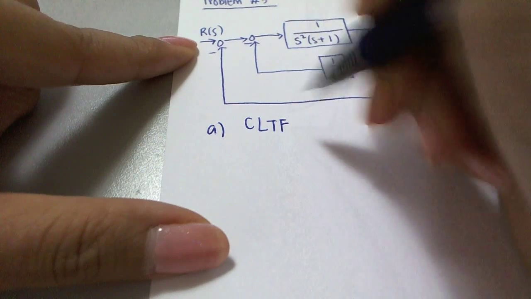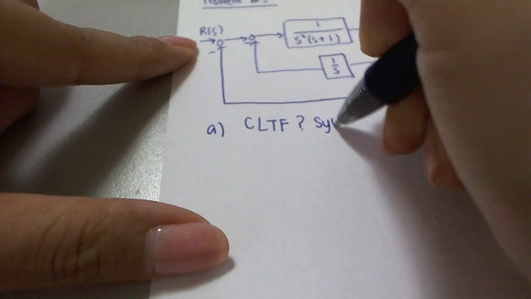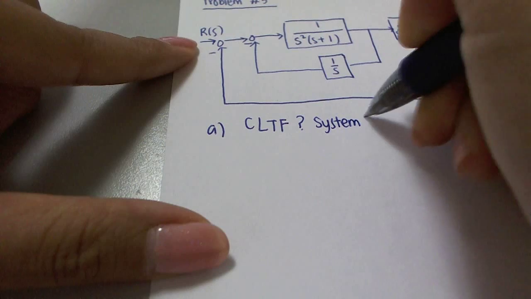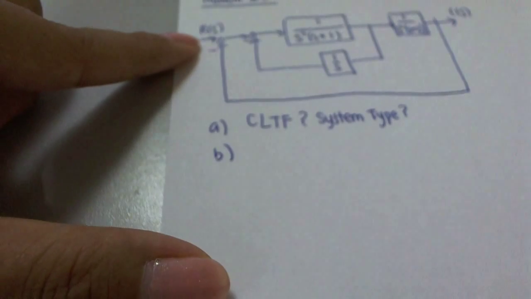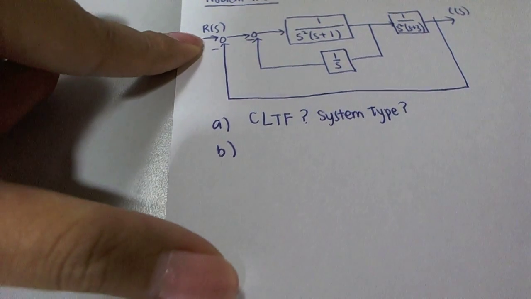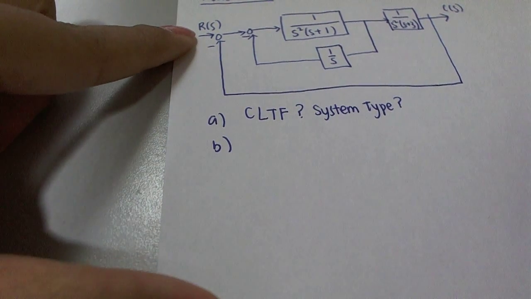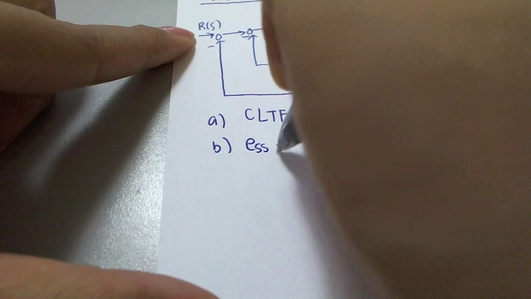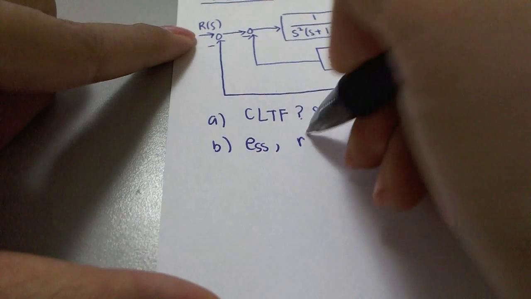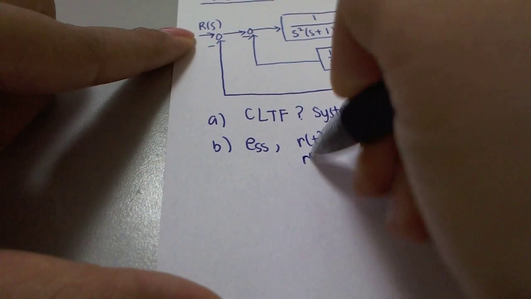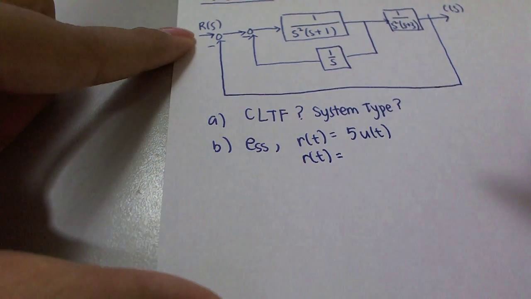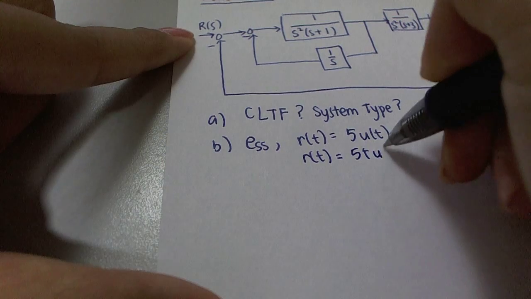So the first part of the question is asking for the closed loop transfer function and also the system type. And the second part of the question is asking what is the steady state error for an input of 5u(t) and another input 5t u(t).